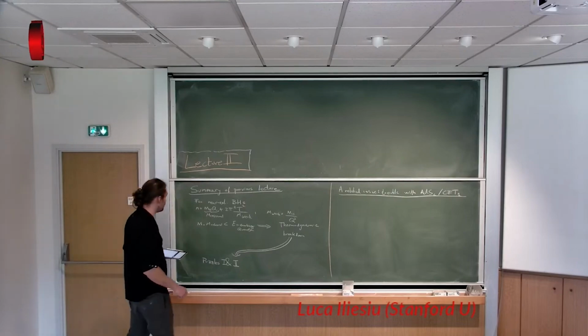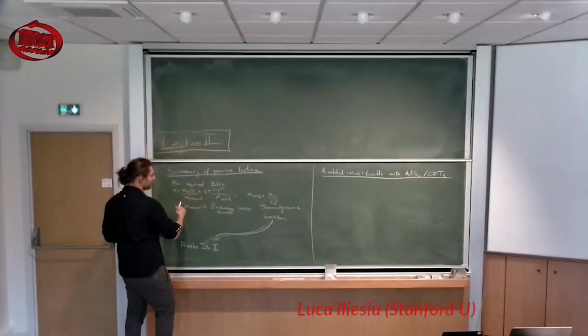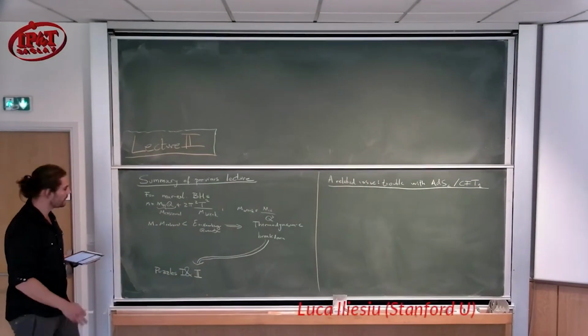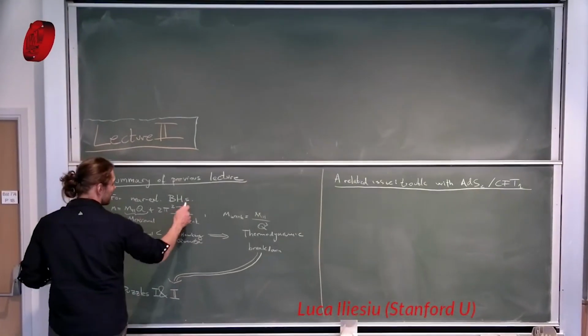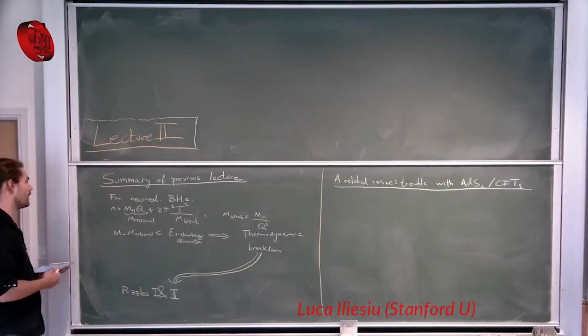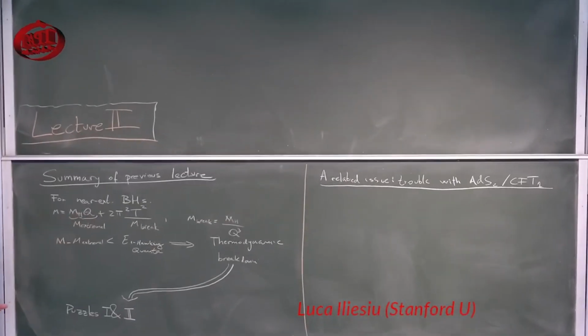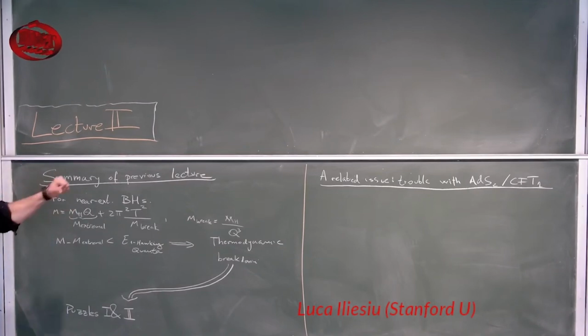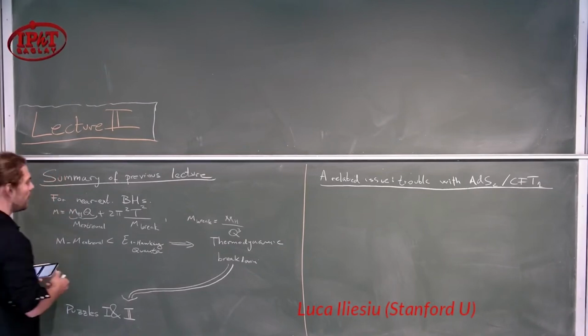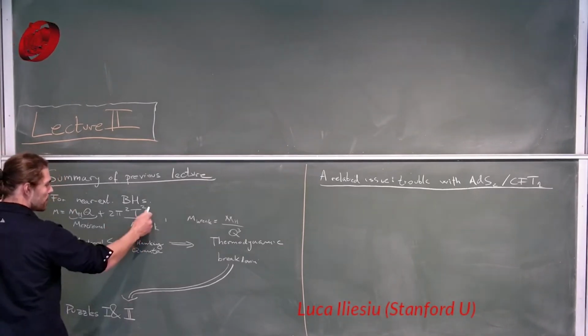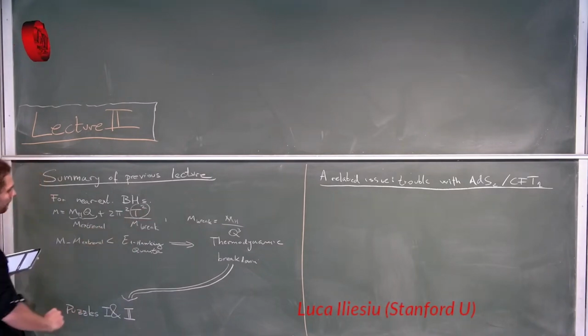And we saw that by computing their on-shell action and their mass, near-extremal black holes have a mass that takes an extremal value that's simply dictated by the charge. The charge can be arbitrarily large, and these black holes can be arbitrarily big. But the deviation in the temperature starts scaling as T squared.